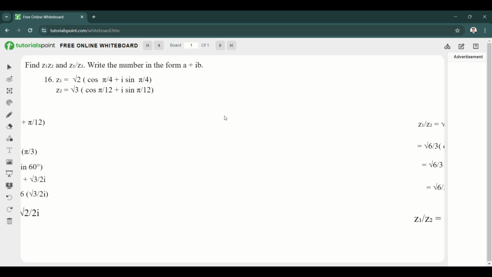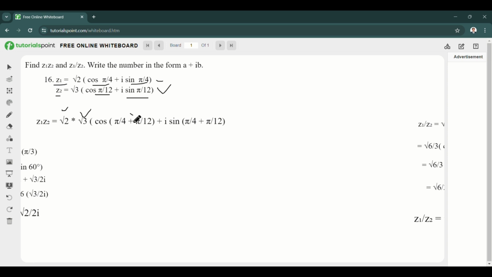So for the last number, we need to find the product and the quotient. Then next is the form of a plus ib. So we are given z1 and z2, which is this. So first we need to find the product. The product is square root of 2 times square root of 3. Then this cosine multiplied to this sine to this.